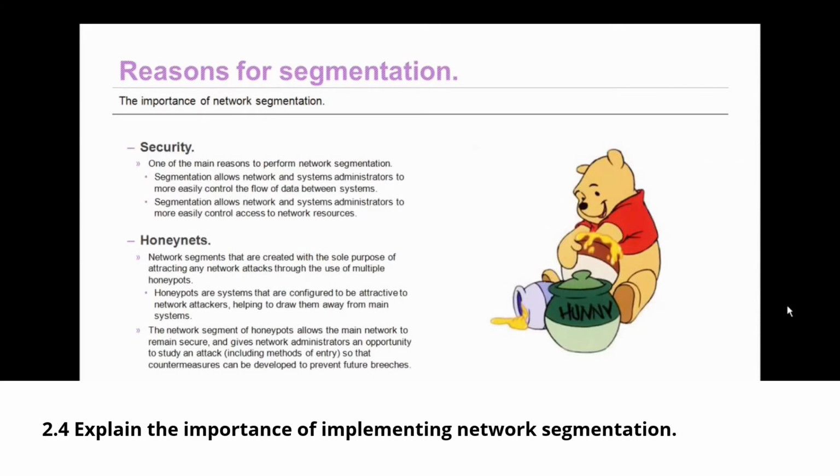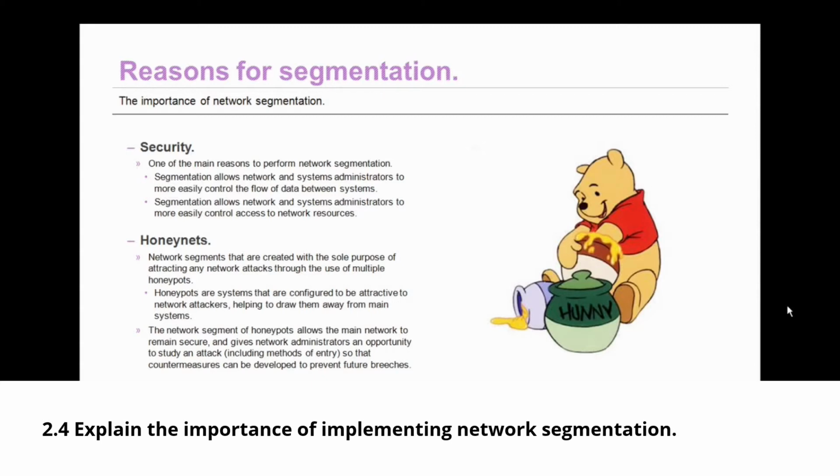One of the main reasons for performing network segmentation is for security purposes. Segmentation allows network and systems administrators to more easily control the flow of data between systems. Segmentation also allows network and systems administrators to more easily control access to network resources, therefore creating more security.